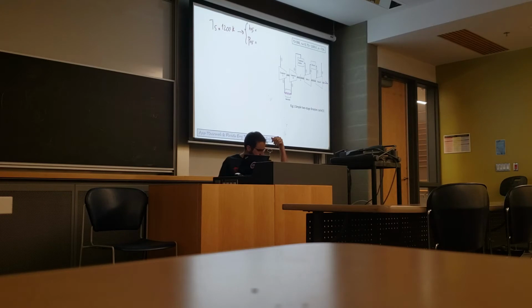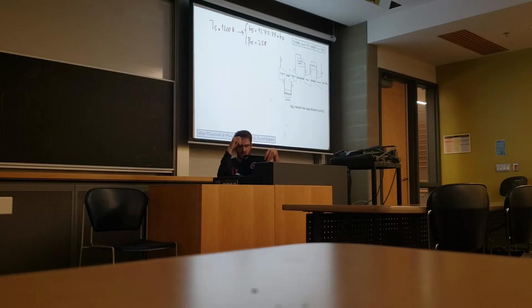So H5 is 1277.79, and PR5 is 238. Again, now just writing the pressure ratio definitions. So here, 5 to 6, PR5 to PR6 equals P5 to P6.